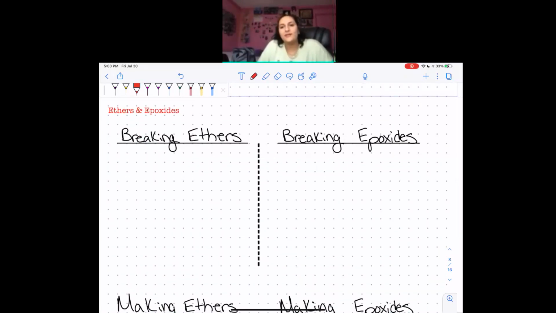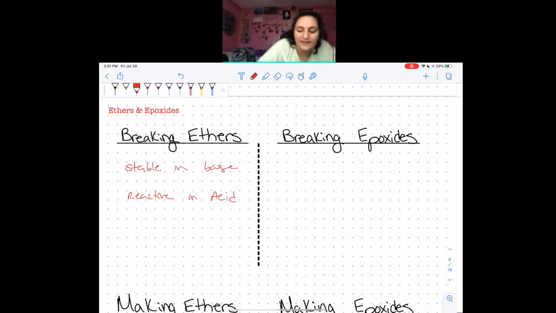When it comes to ethers and epoxides, we can break ethers and we can make ethers. We can break epoxides and make epoxides. So regular old ethers are stable in base, reactive in acid.